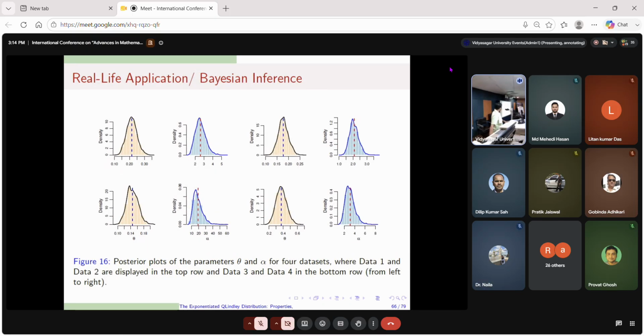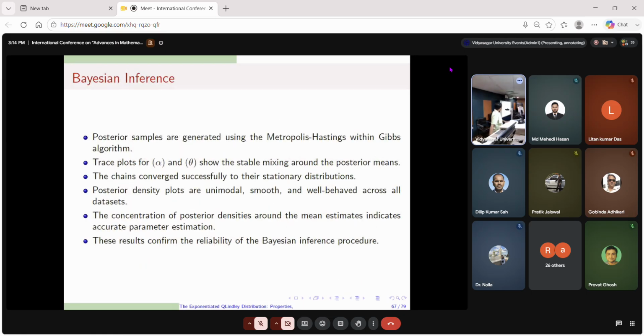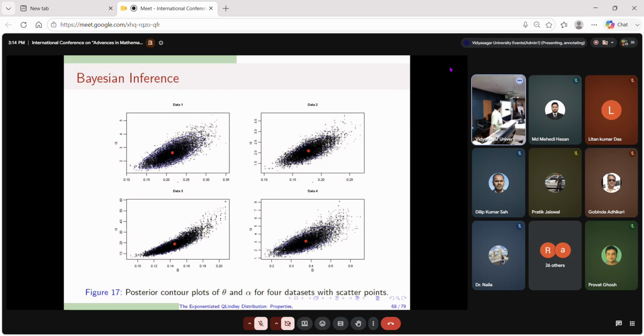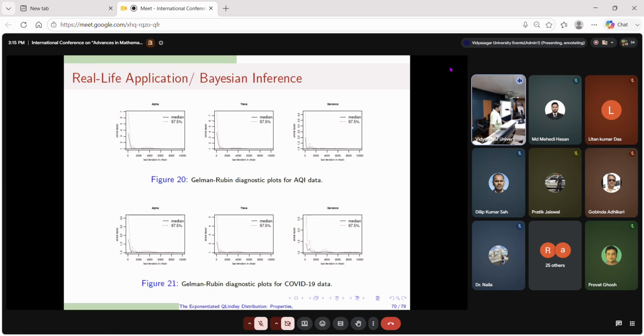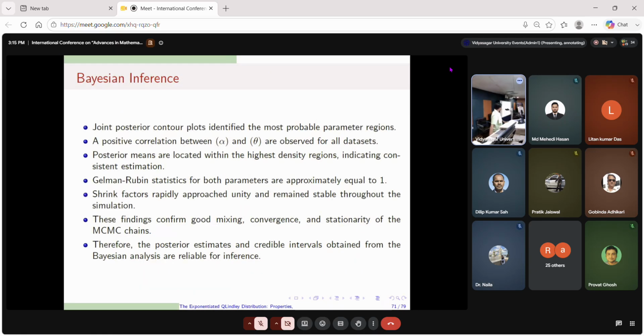For all 4 data sets, this is the posterior plot. These are contour plots. And these are some diagnostic plots for all the 4 data sets.